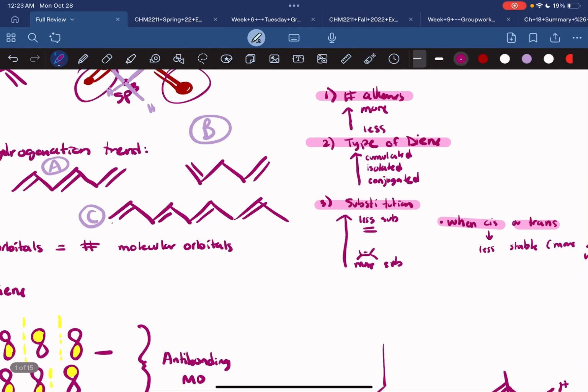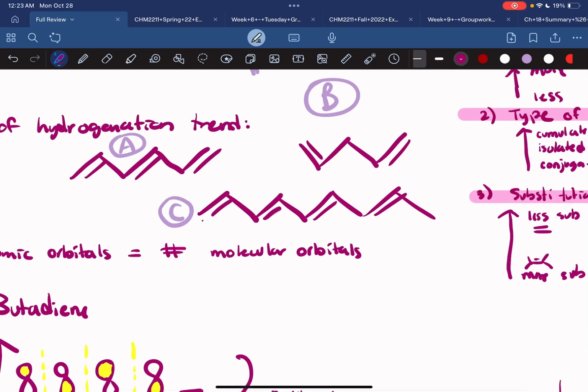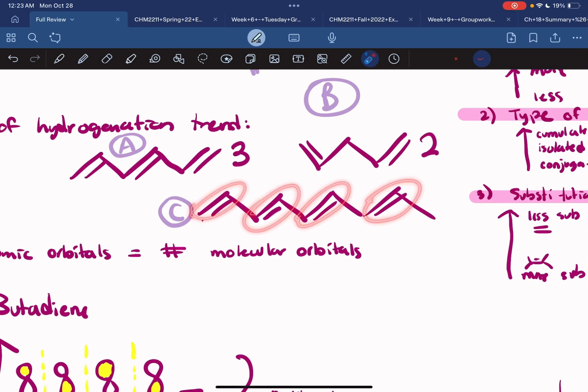So first, let's count the number of pi bonds. In compound A, we have 1 pi bond, 2 pi bonds, and 3 pi bonds. So in compound A, we have 3 pi bonds. Compound B, we have 1 pi bond, 2 pi bonds. In compound C, we have 1, 2, 3, 4 pi bonds, or alkenes.